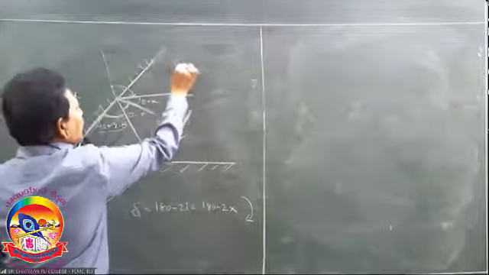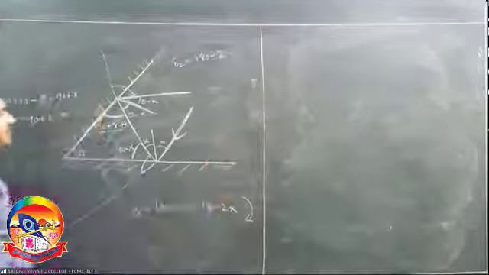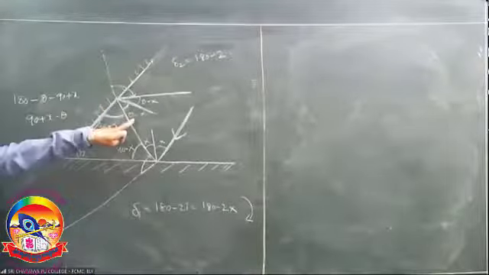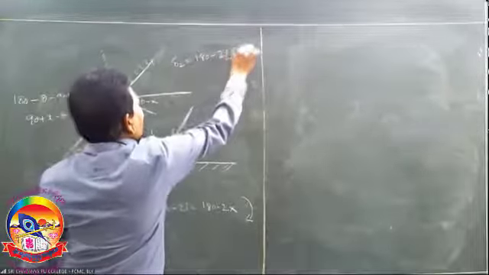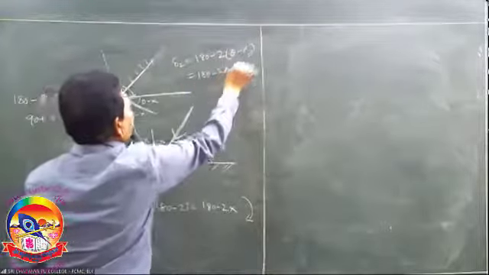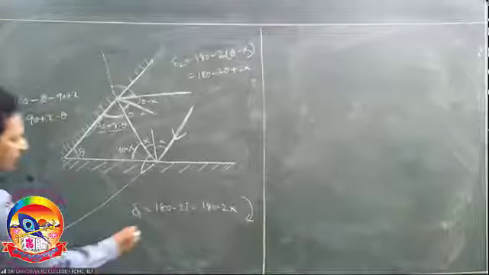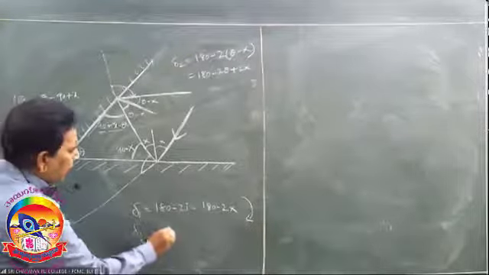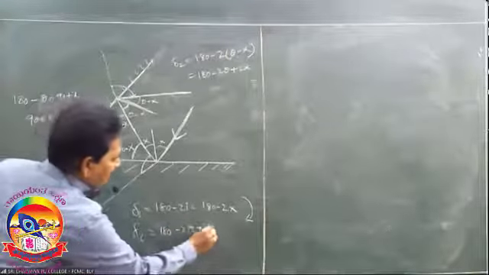Delta 2 is equal to 180 minus 2i. What is the i value? Theta minus x. So 180 minus 2 theta plus 2x. Delta 2 is equal to 180 minus 2 theta plus 2x.